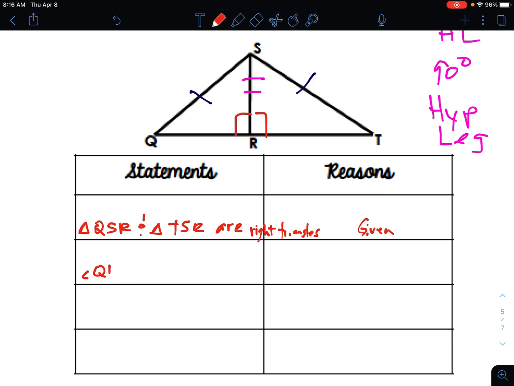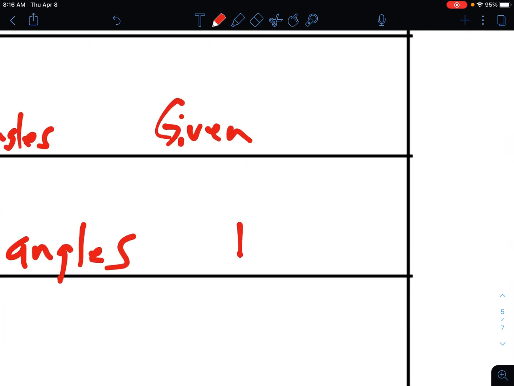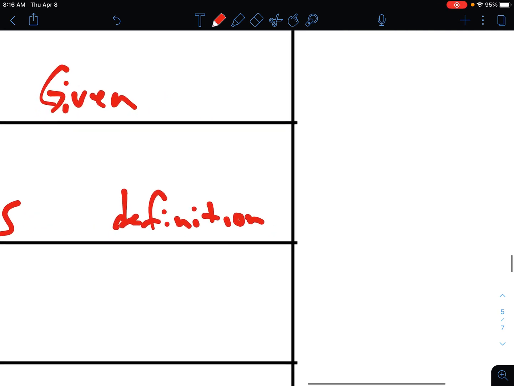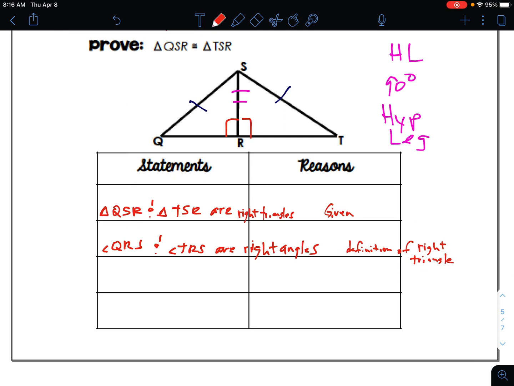So then we can say angle QRS and angle TRS are right. We need that. We need that. Definition of right triangle.